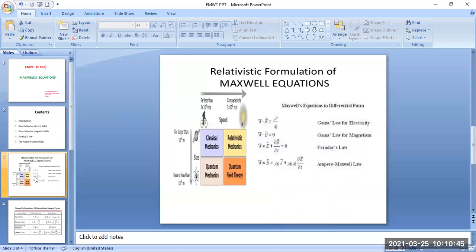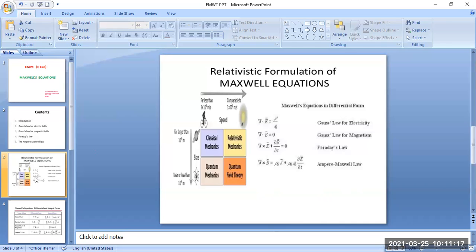So the main purpose of Maxwell's equations is to find the behavior of electric field and magnetic field, and to find the behavior of electromagnetic waves, in which direction the wave is propagating, and also for solving and deriving the wave equations of electromagnetic fields in both the conducting medium and the dielectric medium or free space.